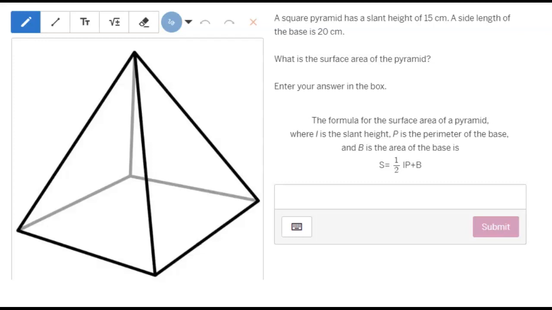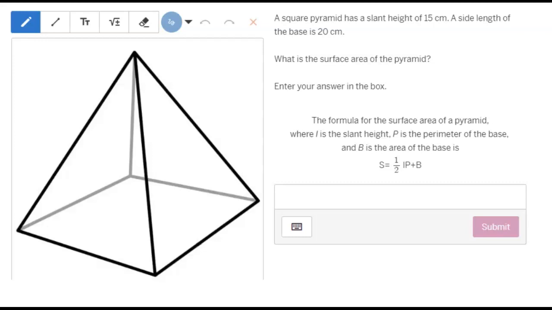What is the surface area of the pyramid? The formula for the surface area of the pyramid, where L is the slant height, P is the perimeter of the base, and B is the area of the base, is S equals 1/2 L times P plus B.